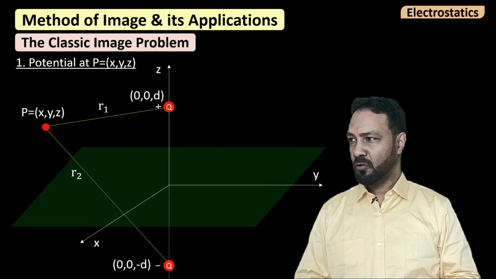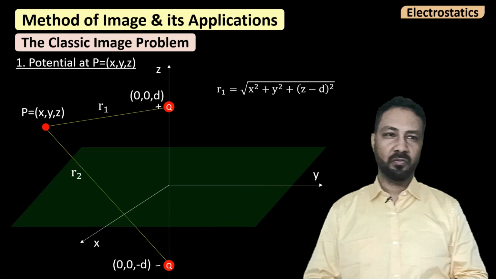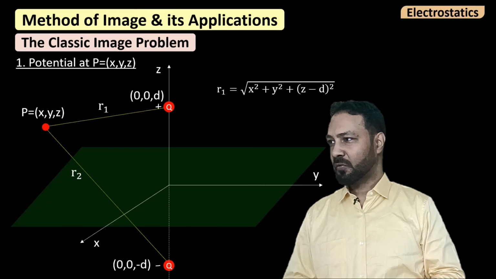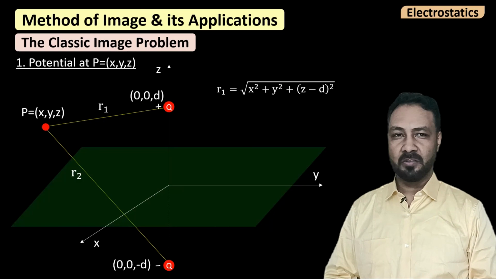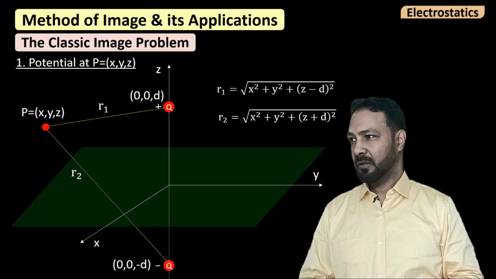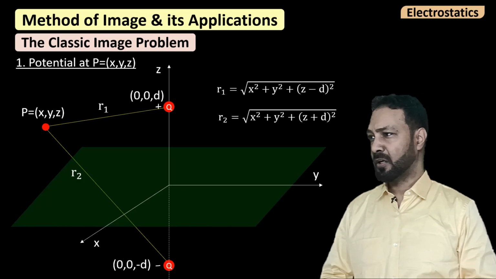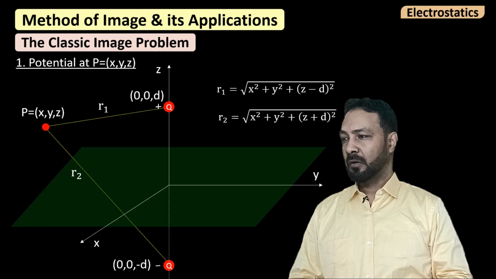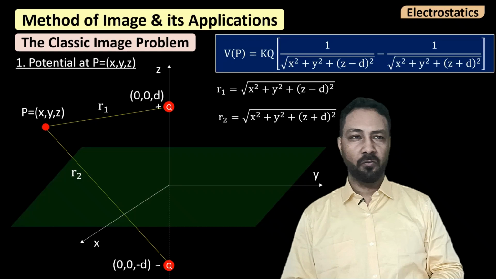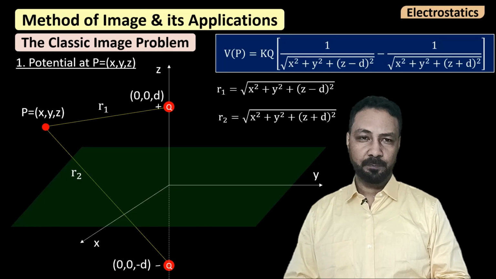Using coordinate geometry, r1 is the square root of x squared plus y squared plus (z minus d) whole squared, and r2 is the square root of x squared plus y squared plus (z plus d) whole squared. Then using the superposition principle, the potential at P is kq by r1 plus k(minus q) by r2. Simplifying and putting in the values of r1 and r2, we can find the potential at any point in space.